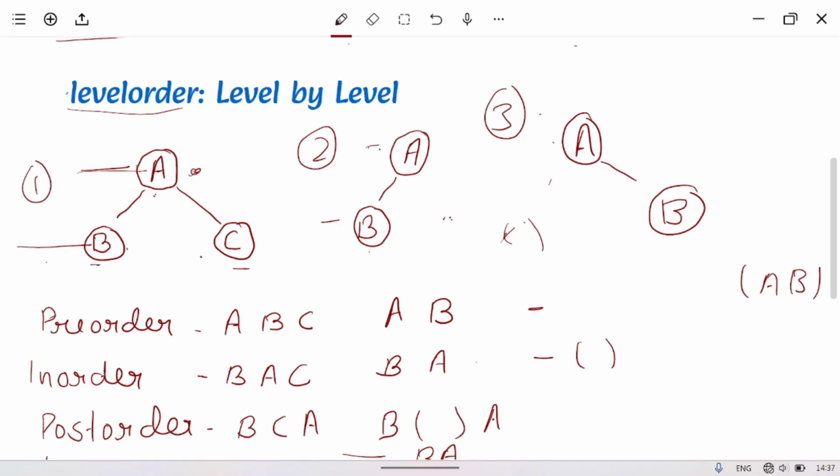Here left is empty, visit node, then right B. After this, our result is A B.